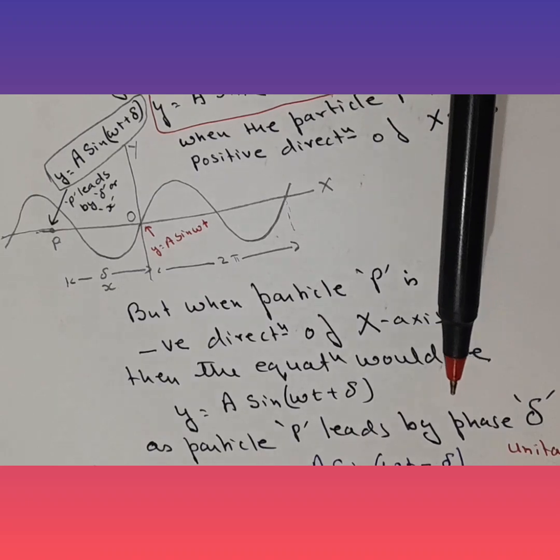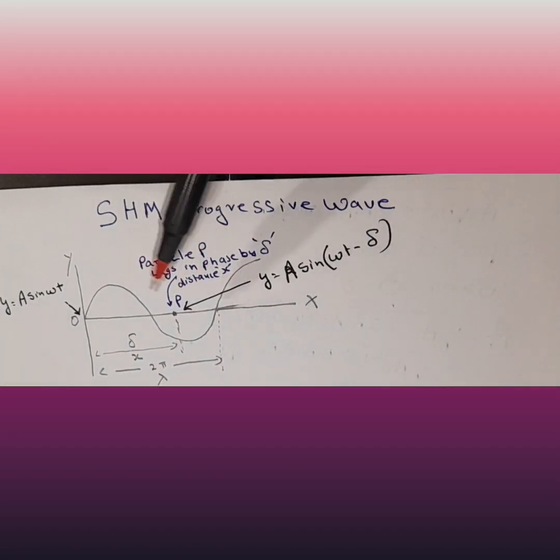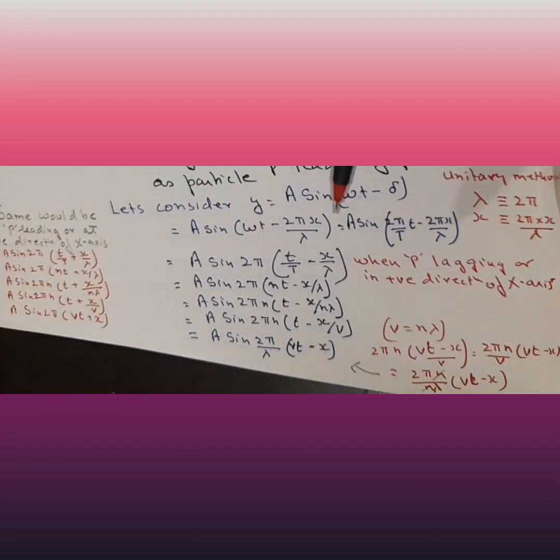But for further derivation, we are going with this situation. So we have assumed the equation to be y = A sin(omega t minus delta). Now let's check out all the derivations.